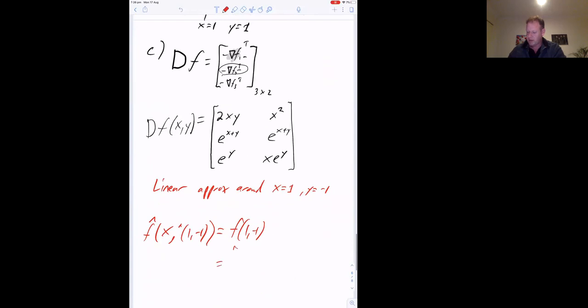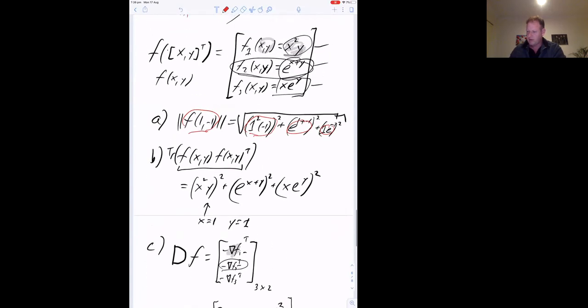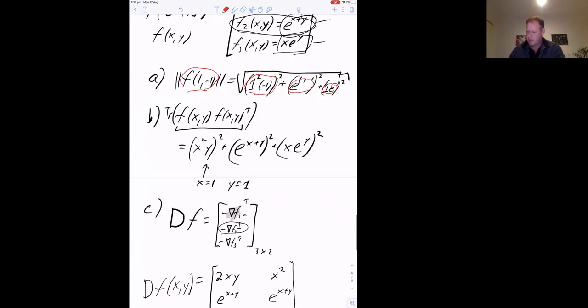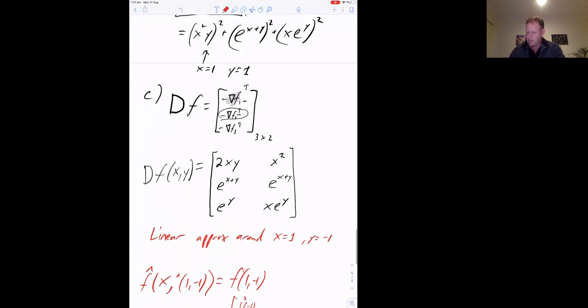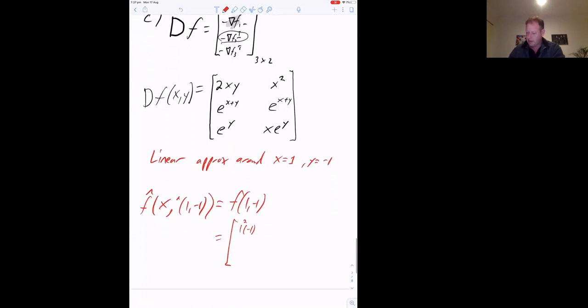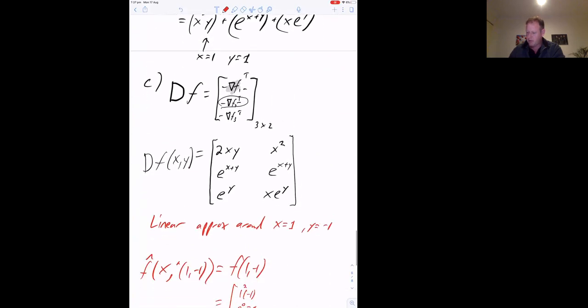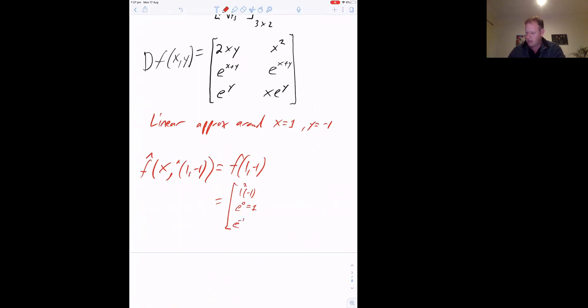So I'll write it: 1 squared times -1, and then e to the power 0, which is 1, and then e to the -1. So that's -1, 1, and e to the -1.